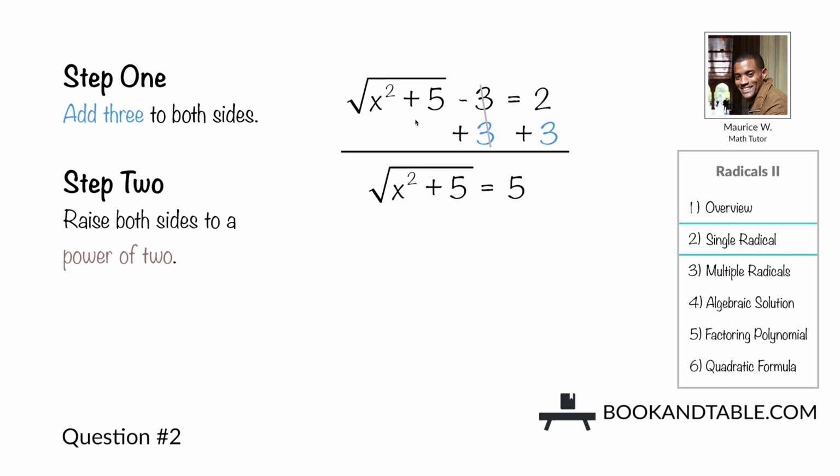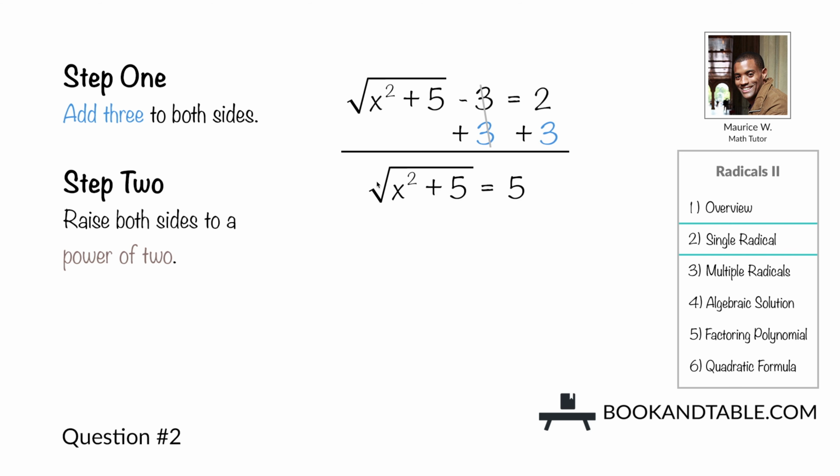So step 1, to negate this constant, we want to add 3 to both sides, leaving us with the square root of x squared plus 5 on the left side of our equation, and 2 plus 3, which leaves us with 5 on the right side of our equation. Step 2, we want to negate this radical sign by raising both sides to a power of 2.